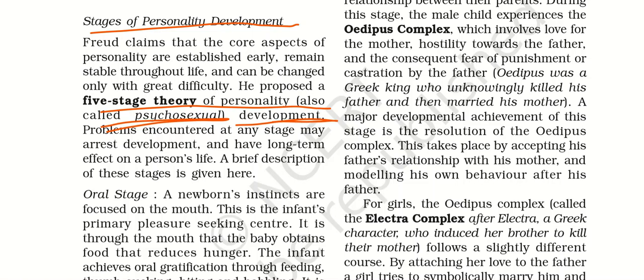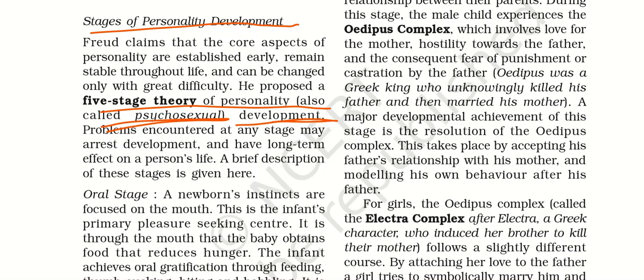So he says there are five stages of development, where if one person gets fixated, gets stuck on one stage, then he or she may face problems later in his or her life. That is what he tried to explain.